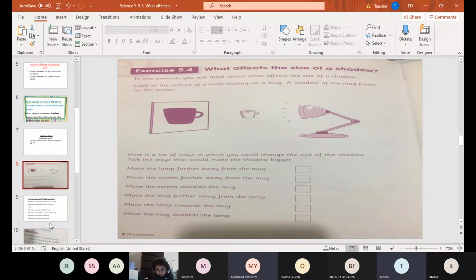You have 5 minutes to solve it. If it makes a bigger image, you make it correct. If it makes smaller, you put wrong on it. Right? Tick and cross.